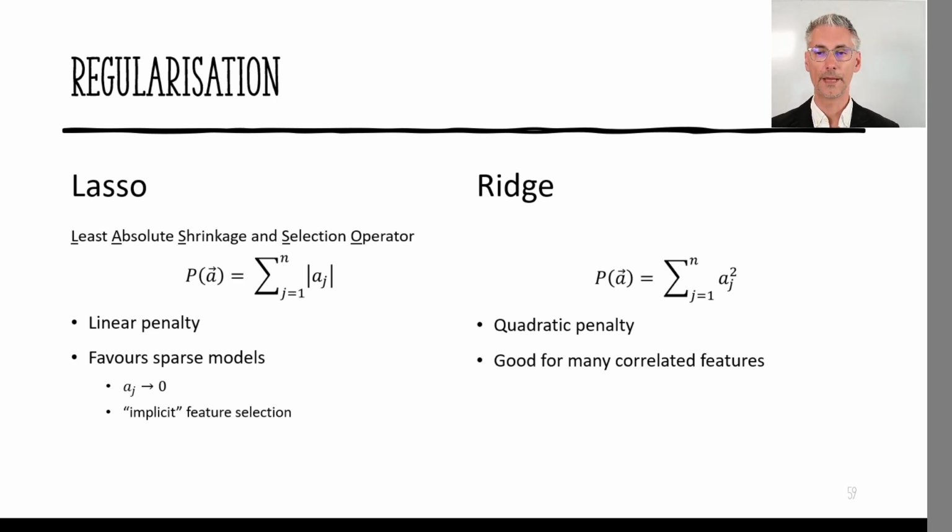There are two main ones that are often used: the lasso regularization, where we take the absolute values of the coefficients in the linear regression, and the ridge regression, where we have a quadratic penalty. You can also do a combination. This is then called elastic regularization, where you have both lasso and ridge.